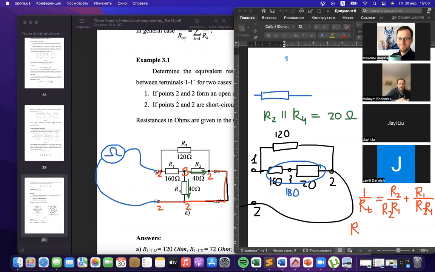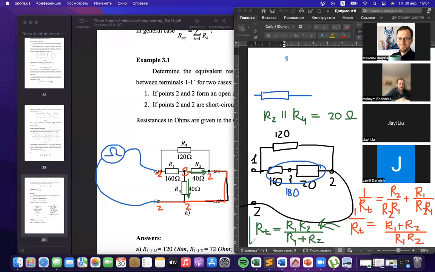Then it will be 1 over R total equals R1 plus R2 over R1 plus R2, and you could reverse it so that the total resistivity of two parallel elements equals R1 R2 over R1 plus R2.